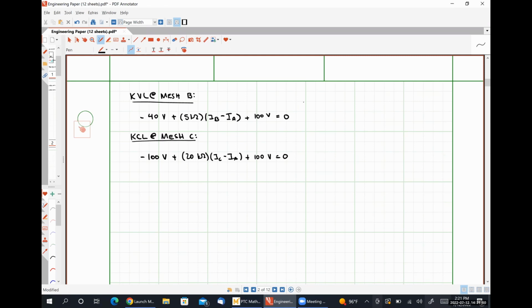And when I solve this system, I find IA is negative 3 over 500 amps, which is the same as negative 6 milliamps, I believe.